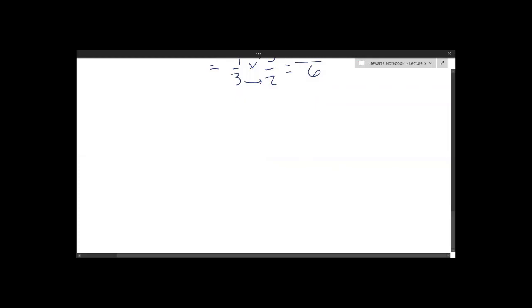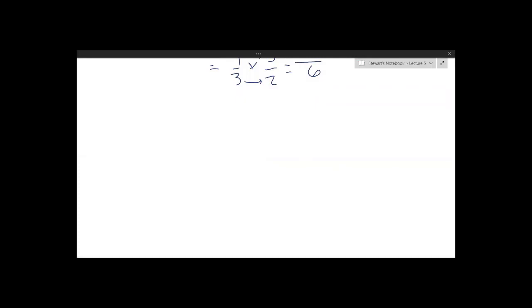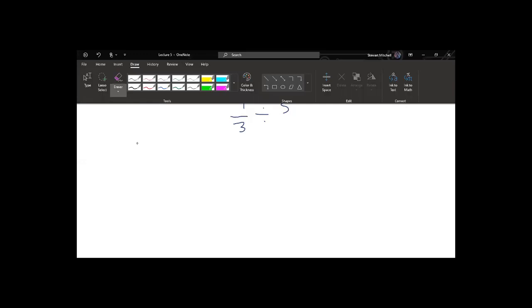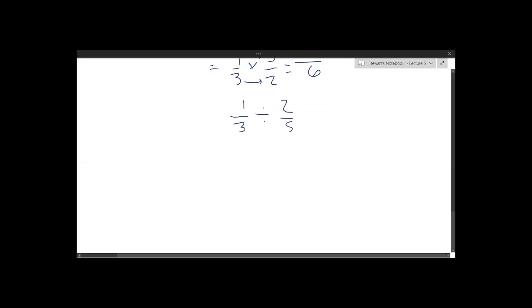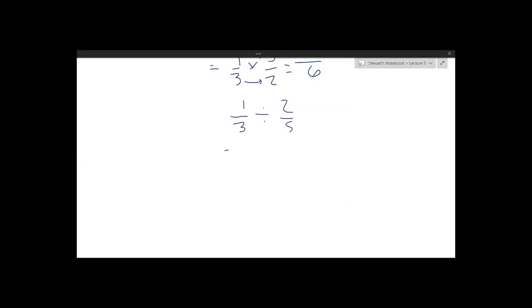But if you want to take this sidebar with me to see why it works the way it does, if we consider the initial 1/3 divided by, I'm sorry, that wasn't right, that was supposed to be a 2. Divided by 2/5, that can be the same thing as writing a complex fraction, which is two fractions over each other. 1/3 over 2/5.